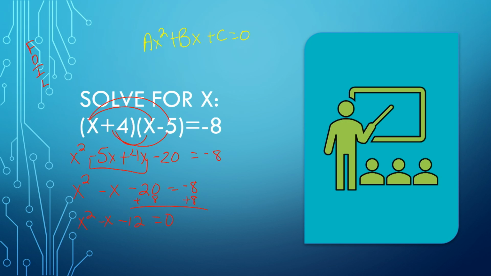So we're going to start like we've always done. I'm going to bring it up here. X squared minus x minus 12 equals 0. I need the factors of 12 that will subtract to give me a negative what? Yes, negative 1 is right there. So I need factors of 12 that will subtract to give me a negative 1.